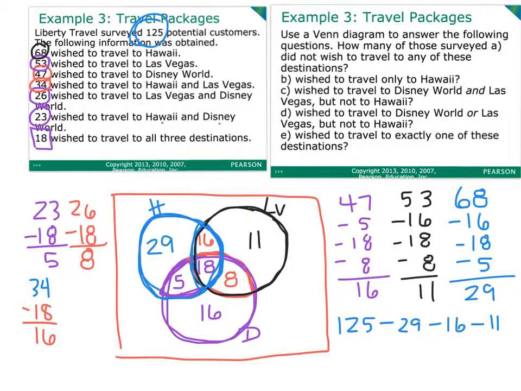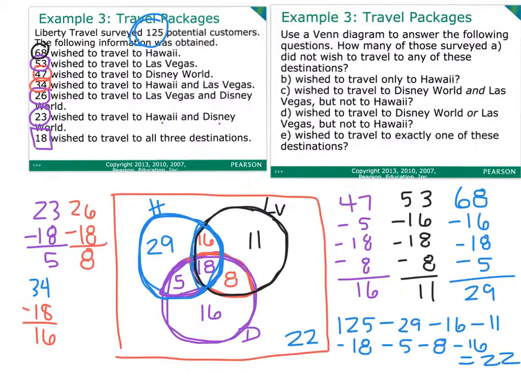We need to deduct the 18, the 5 and the 8, and the 16. And there were actually 22 people that were interviewed that did not want to go to Hawaii, Vegas, or Disney. Why? I don't know. Crazy.